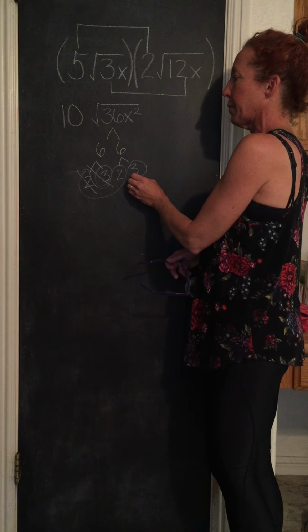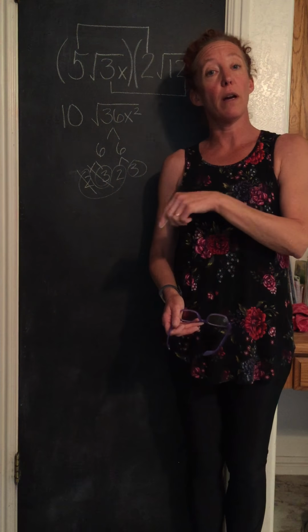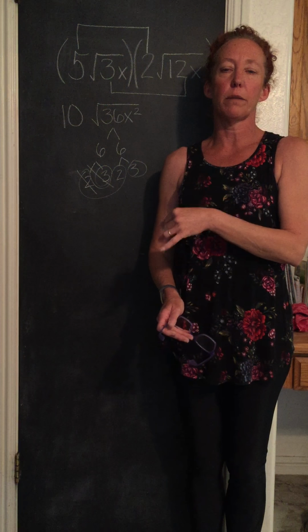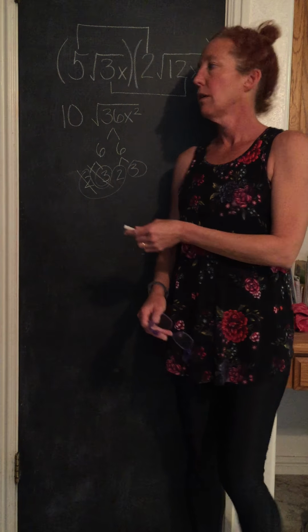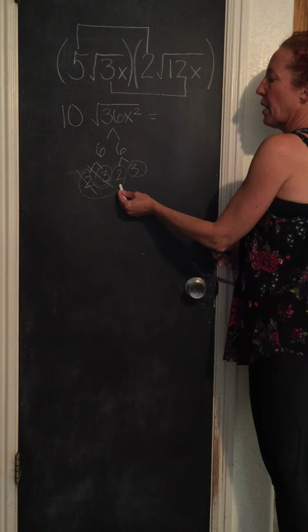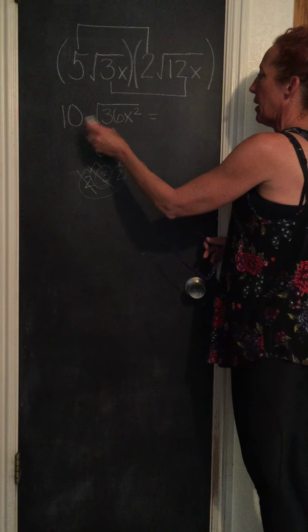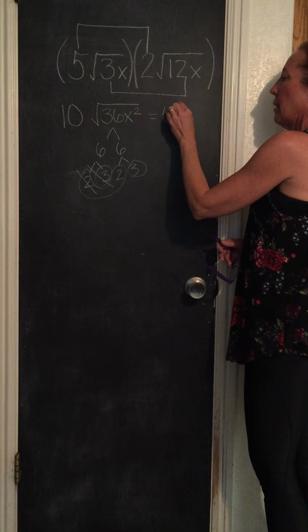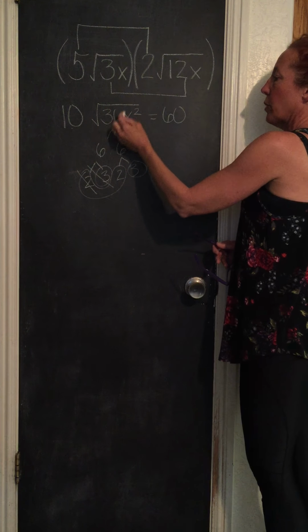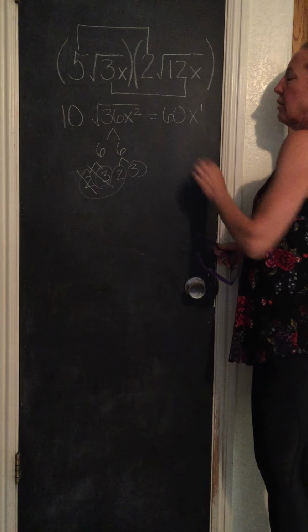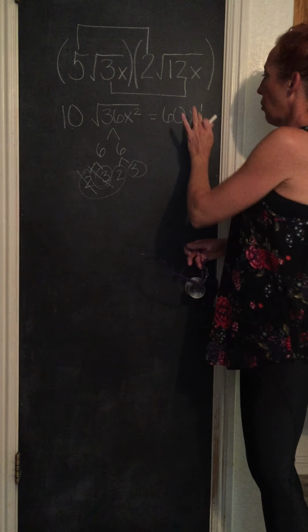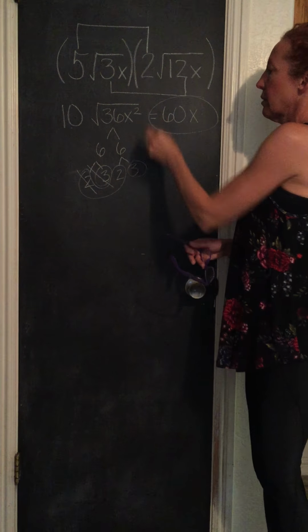That breaks out, that breaks out. There's nothing left underneath the radical because it is a perfect square. So when you break out that 6 times 10, everything is multiplied. 6 times 10 is 60. And the square root of x squared is just x to the first, or just x.